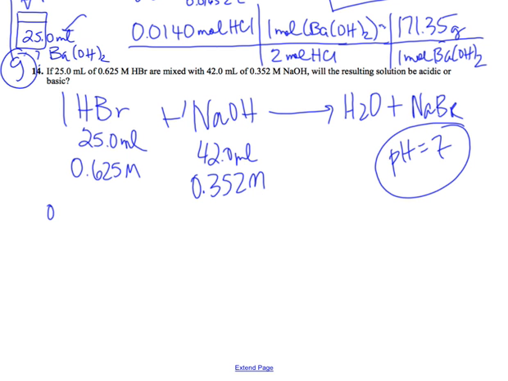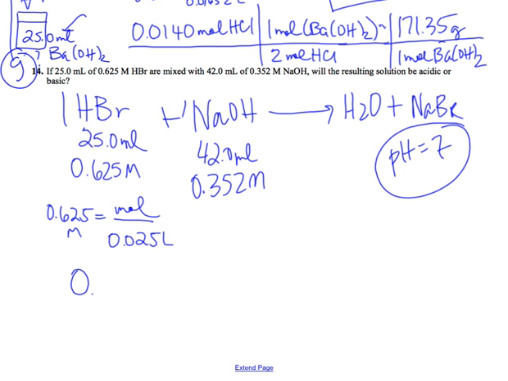So molarity is equal to moles over 0.025 liters. So 0.025 times 0.625 is what? 0.025 times 0.625.